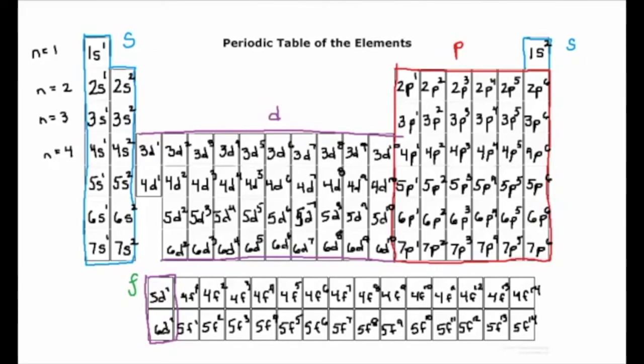So now that we've written all of this out, let's actually write the electron configuration for an atom. The example problem that I give you in your notes is phosphorus. So what I'm going to do first is locate phosphorus. If I look at my periodic table and I put it in here, it is going to be right here.